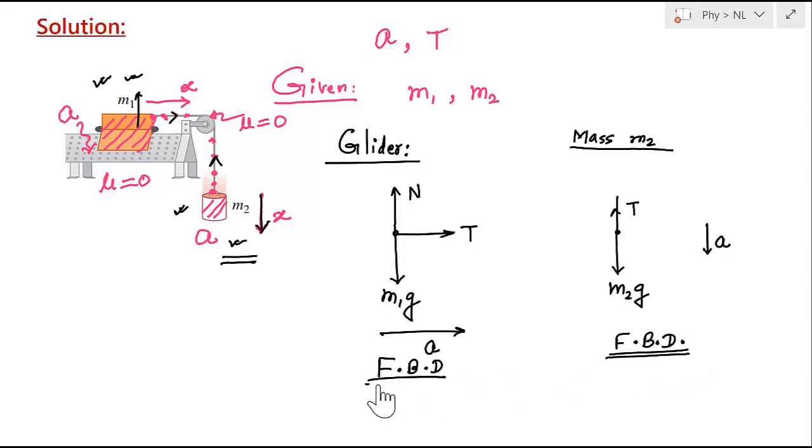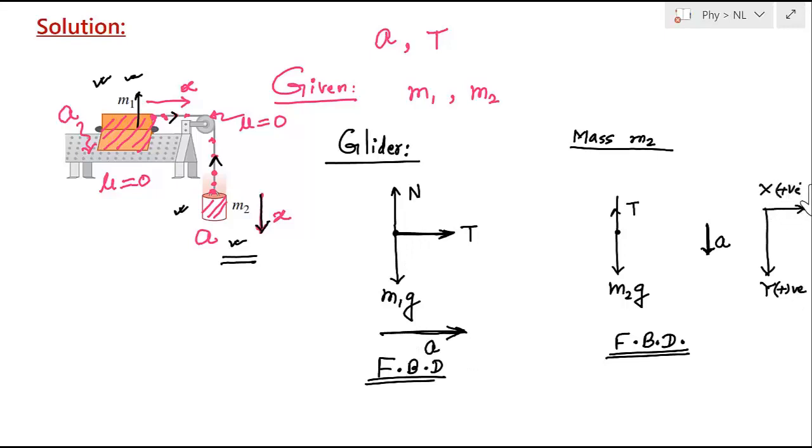Now I can use Newton's second law, but before using it, I have to set the axis, that is, the sign convention. In this problem we will take the direction of acceleration as the positive direction. This means this mass is moving in this direction, and I will consider this the positive direction. So this is my positive y-axis, and this mass is moving in this direction, so we'll consider this direction as the positive x direction.